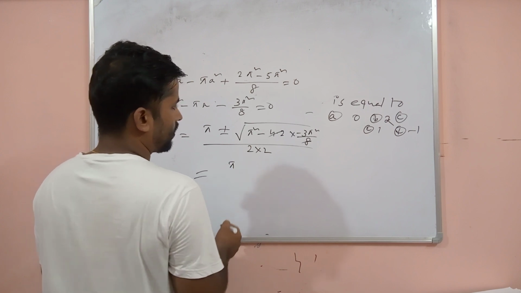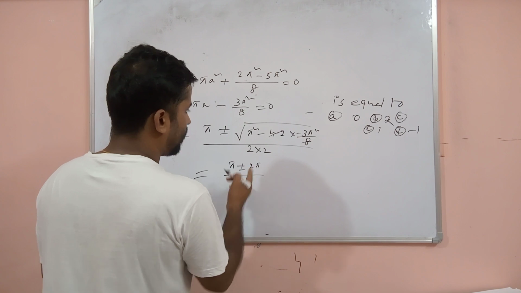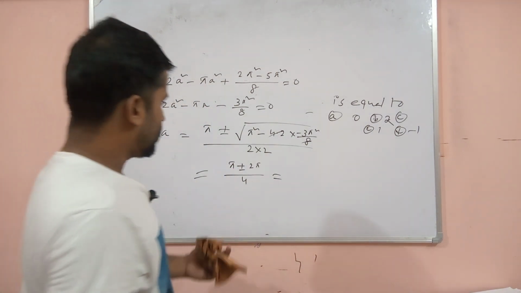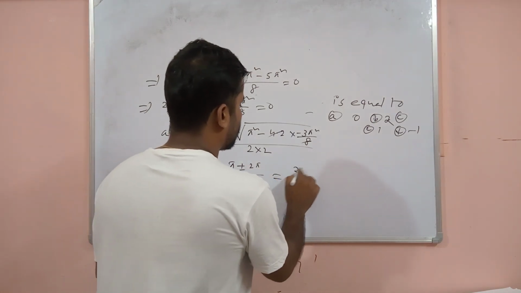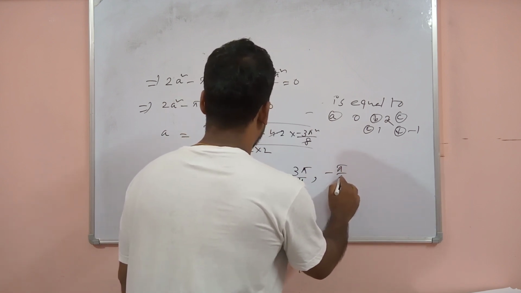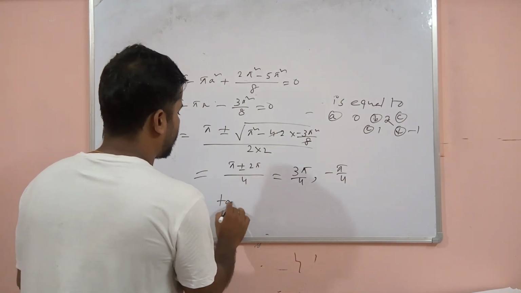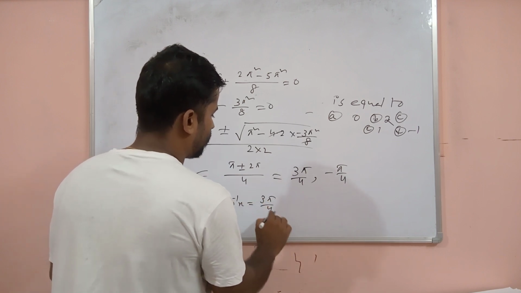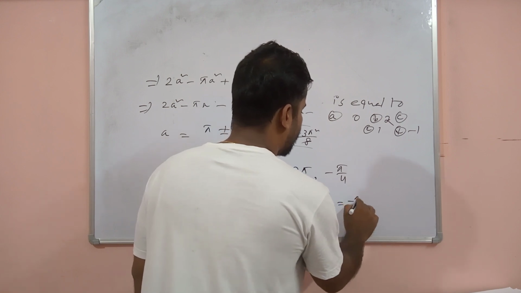So it is pi plus minus 2 pi, divided by 4. The simplest values of this would be 3 pi by 4, comma, minus pi by 4. Okay, so tan inverse x is equal to 3 pi by 4, or tan inverse x is equal to minus pi by 4.